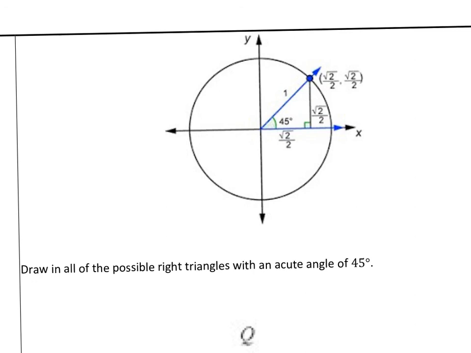At the top of the page here we have our unit circle with a 45, 45, 90 triangle drawn in for you, radius of 1, and then the legs on this right triangle are root 2 over 2. So that gives us that coordinate of the same x and y.